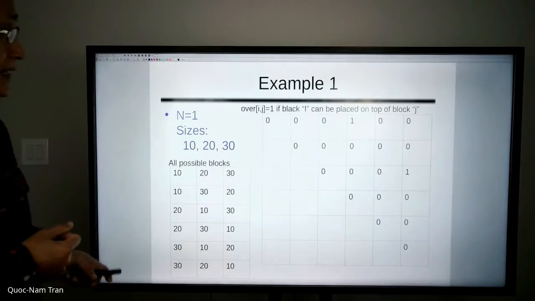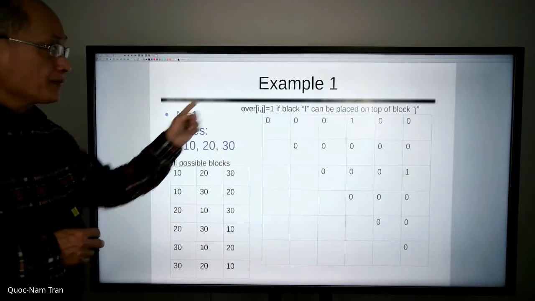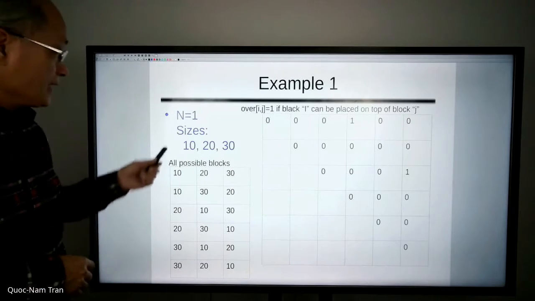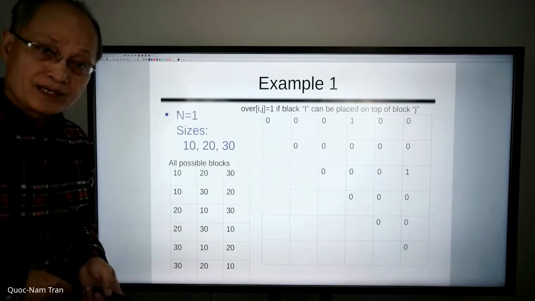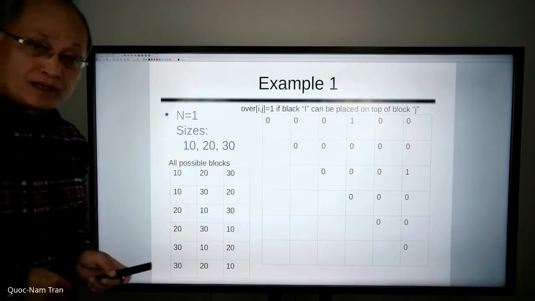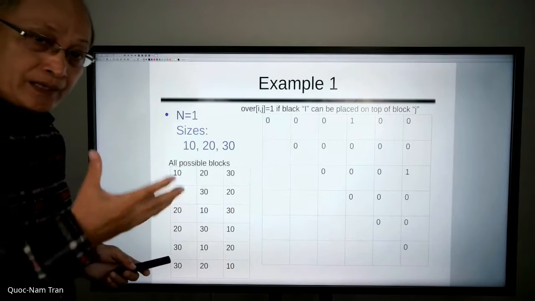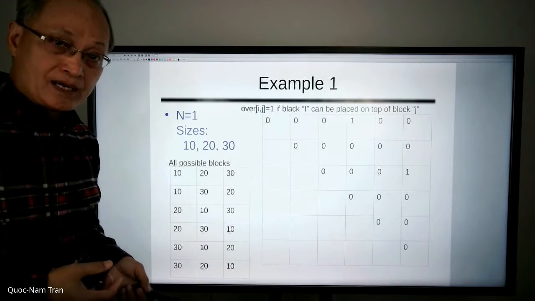Okay, so last time we went through the example. We have only one block, with the sizes X, Y, and Z. From here, we will try to find out how many different positions we can have for the set of blocks we are given.